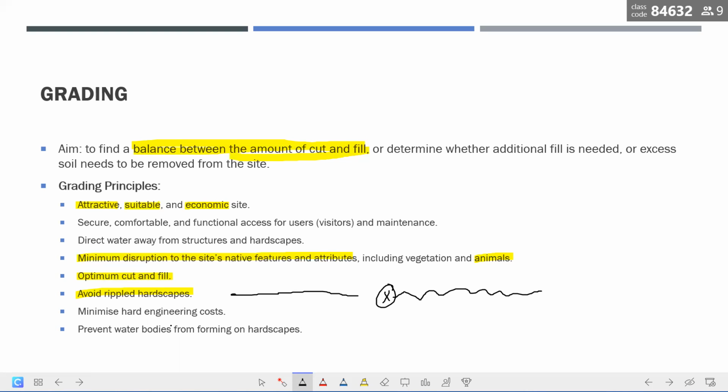Minimize hard engineering costs. Hard engineering is something that is to be avoided at all costs if you can. But if you do have to introduce hard engineering, such as certain structural approaches, then you might look into grading or cutting and filling to help minimize hard engineering costs. So you might remove certain topsoils from certain areas.